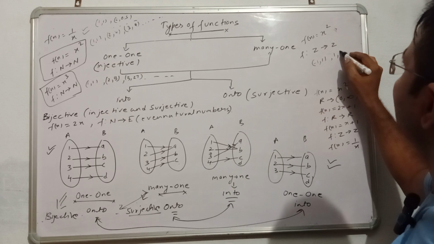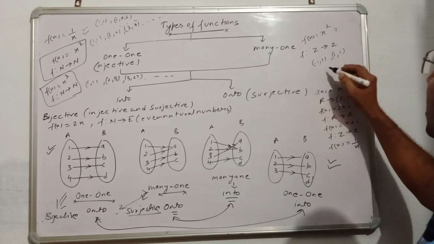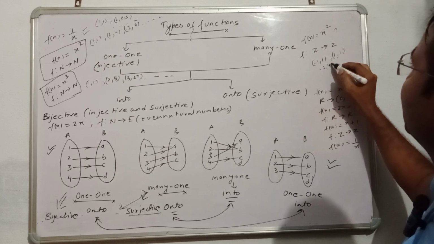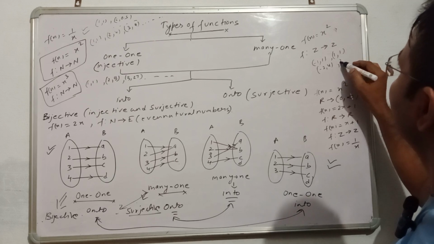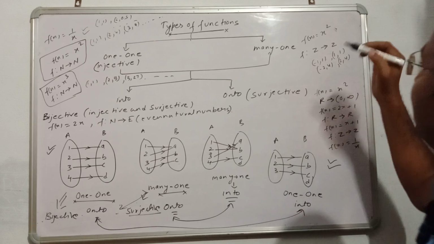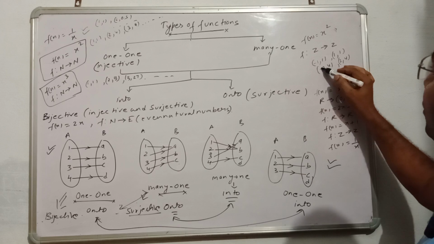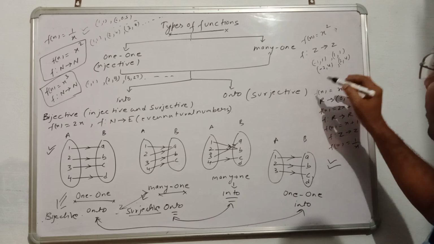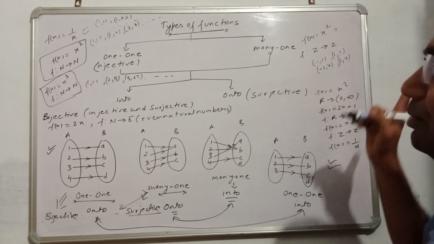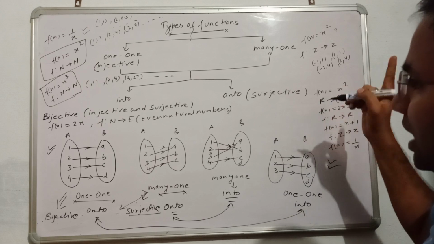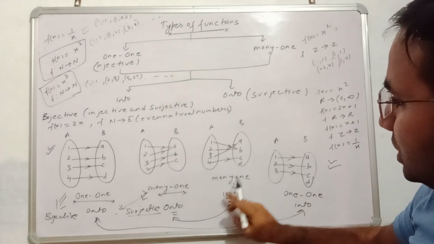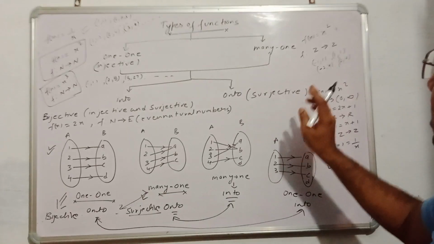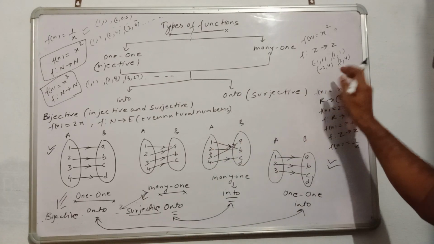If you put 1, you will get 1 also. If you put -2, you will get 4. And if you put 2, you will get 4 again. So two elements have the same image.